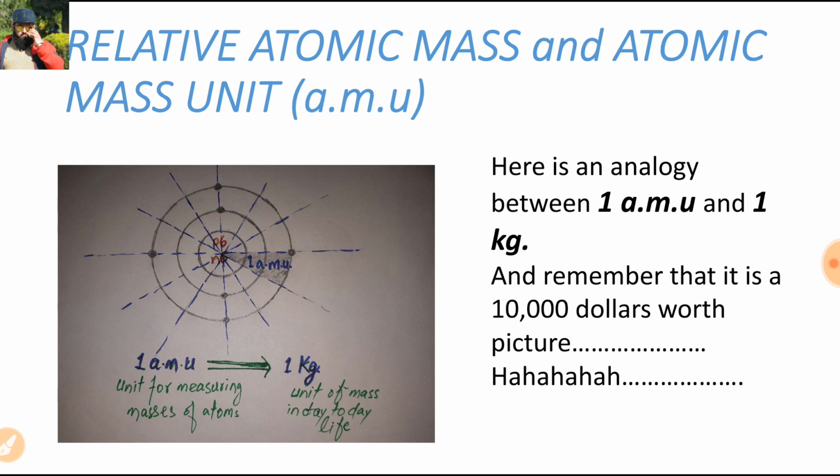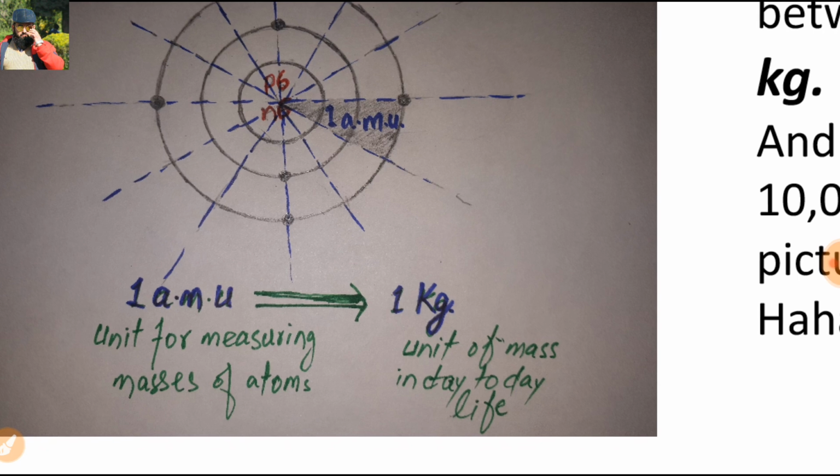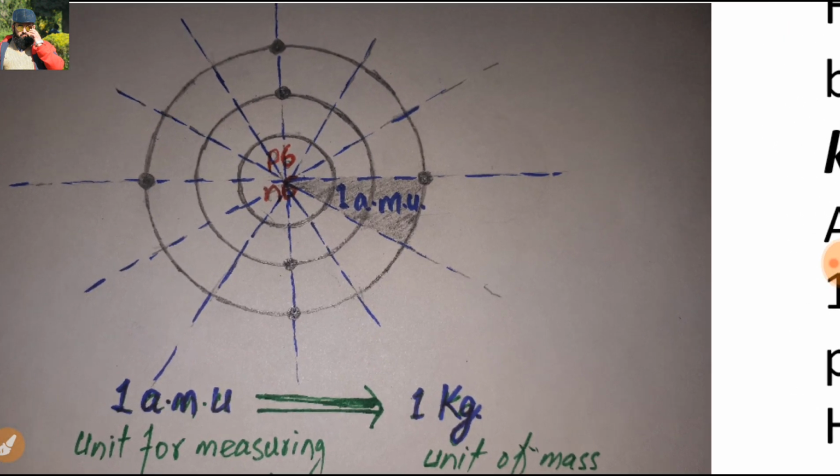Here I have drawn an animation that, had we been able to cut one C12 atom into 12 equal parts like this, here you can see that I have imaginarily cut the carbon 12 atom into 12 equal parts.